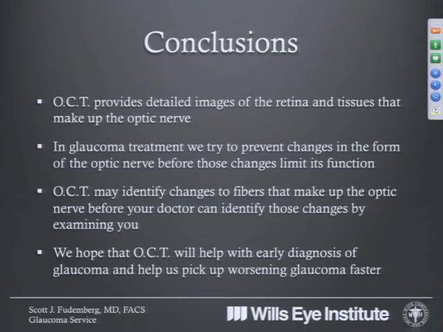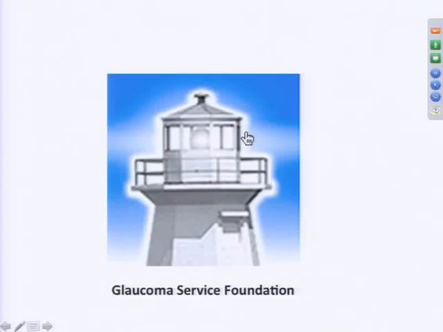And GDX is another acronym for another machine that does the same thing in an even different way. So there are a lot of machines out there that are part of this goal to identify changes earlier and earlier. So not all offices have the same machine, but many offices that are following glaucoma are using these types of equipment.